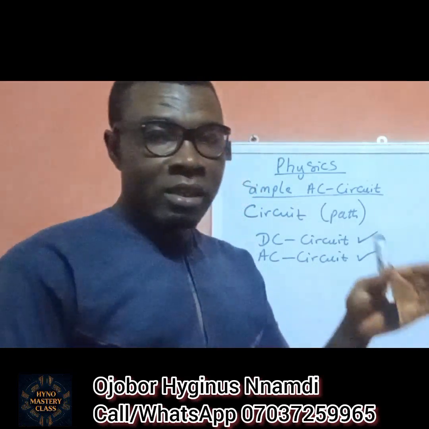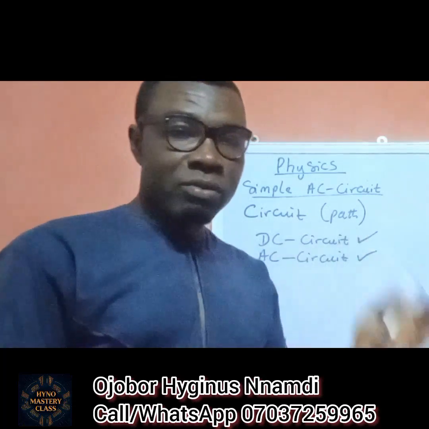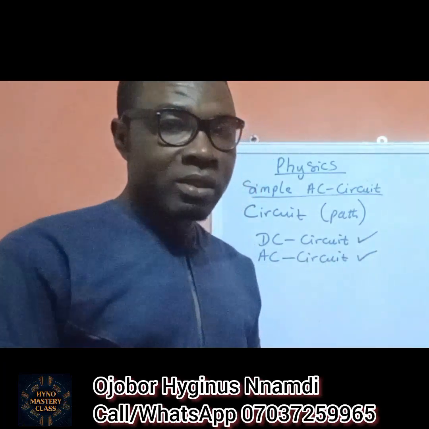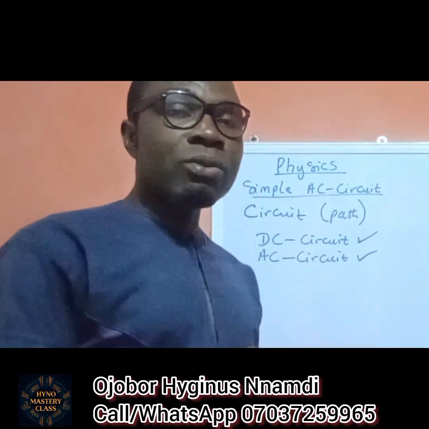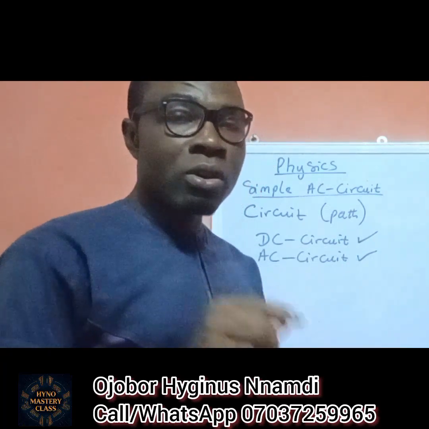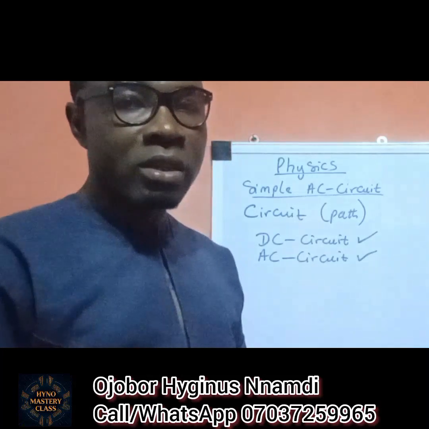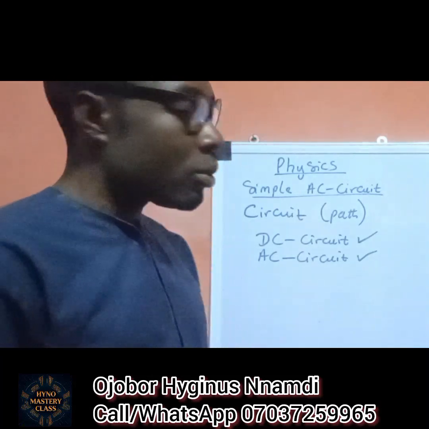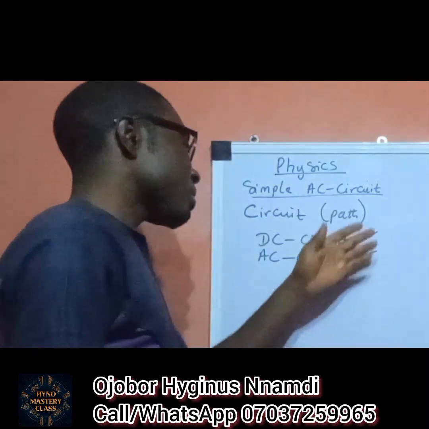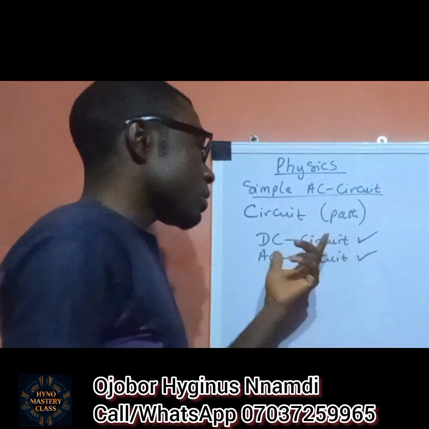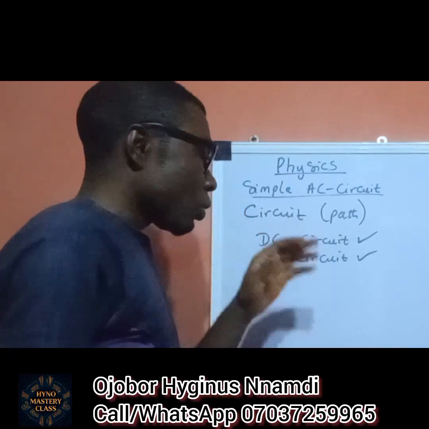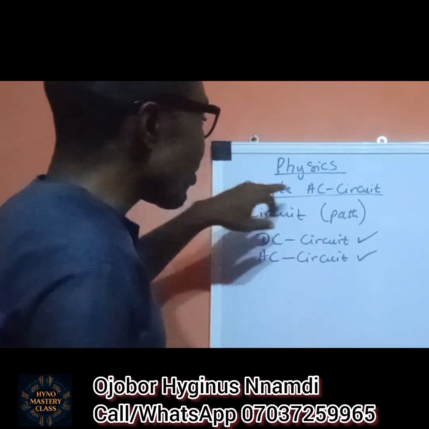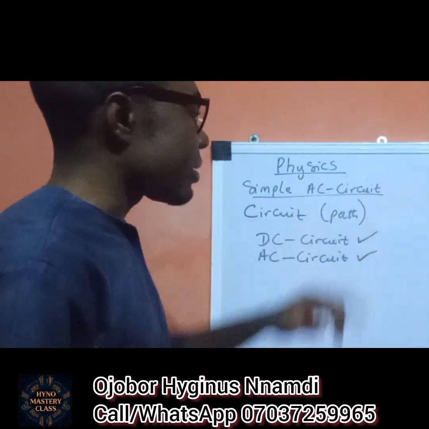In another second, the right will become positive and the left will become negative. That is what happens in an AC, and that is why, however you connect, you will get your supply, because as it changes polarity, it gives you what you want. So that is just the basic difference between AC circuit and DC circuit. We'll not go deep into that because our concern is on simple AC circuit.